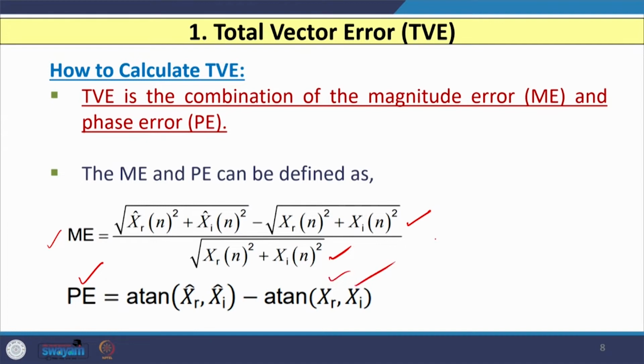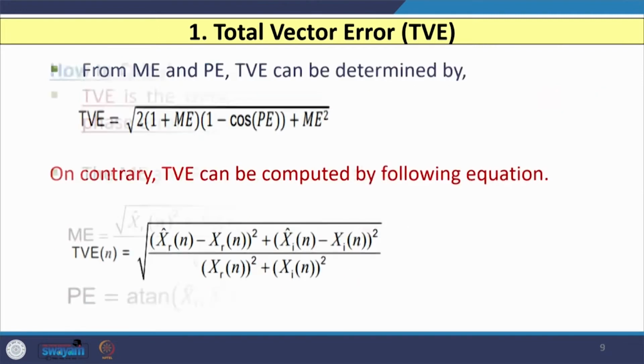So, this is how you can calculate the magnitude error and phase error, and then you will have the value of total vector error. Once you have the value of magnitude error and phase error, then total vector error can be determined by this equation, that is square root of 2 into 1 plus magnitude error into 1 minus cos of phase error, plus square of the magnitude error.